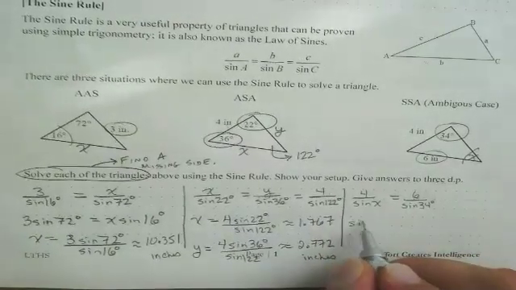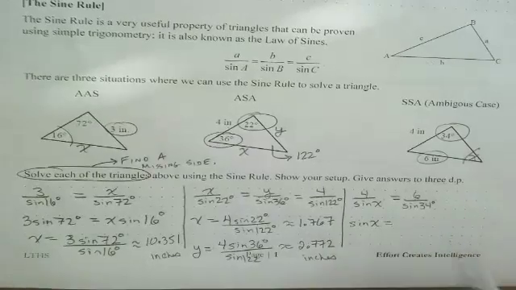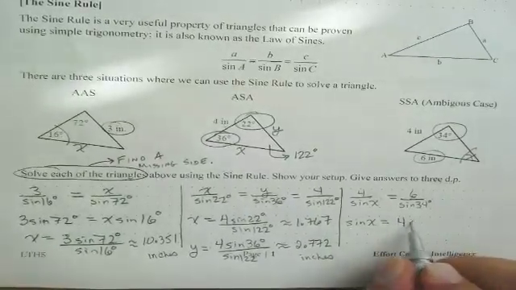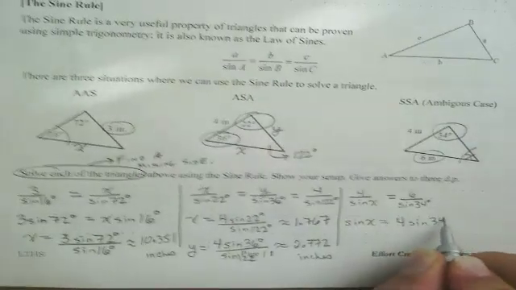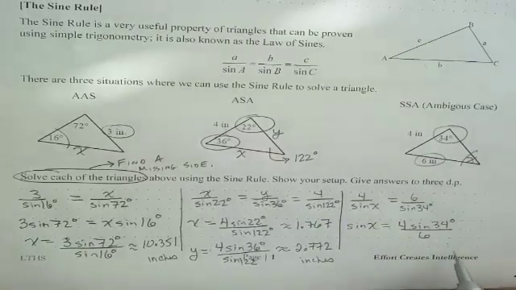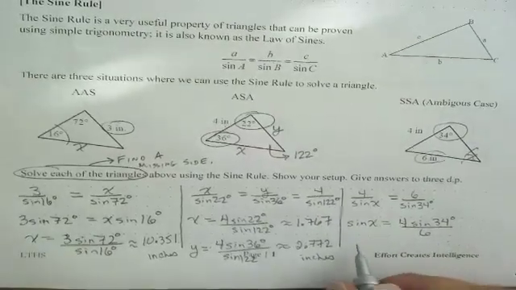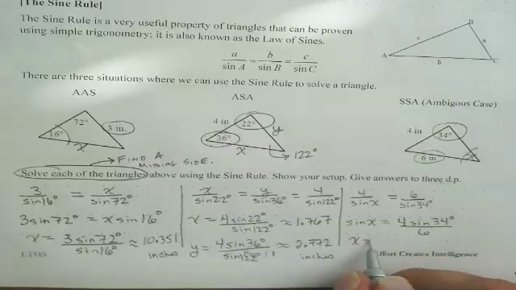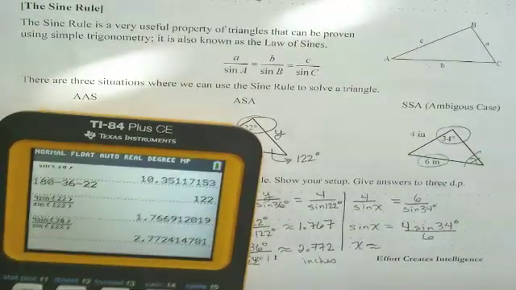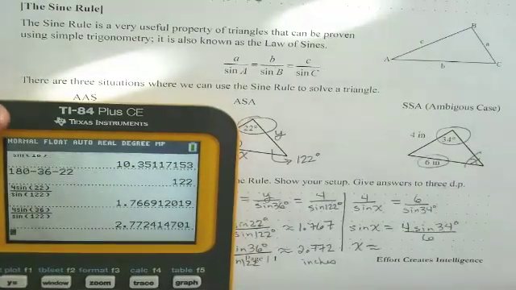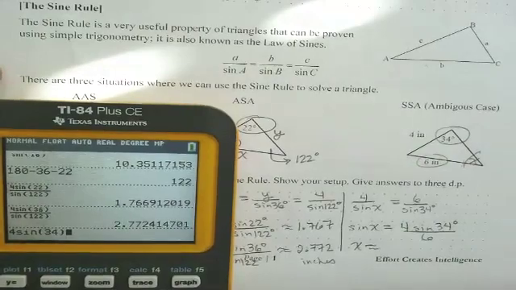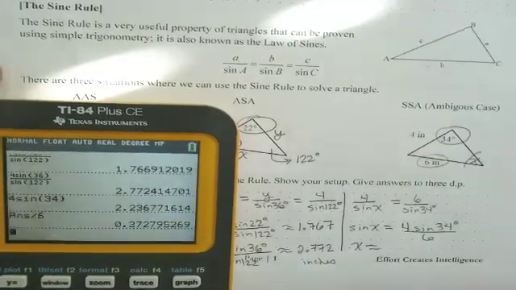Okay. Well, what does that mean for us further? That means for us that the sine of x is going to have to equal 4 sine of 34 degrees divided by 6. All right, which means that x is going to be approximately, well, if I use my calculator here, I say, hey, 4 sine 34 degrees divided by 6.